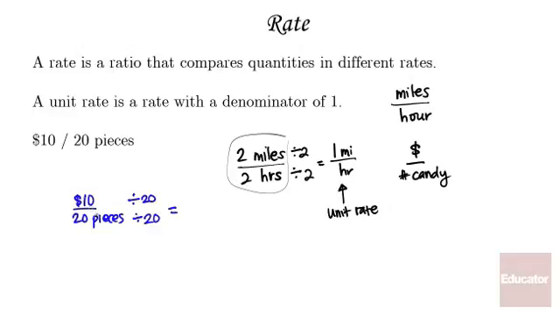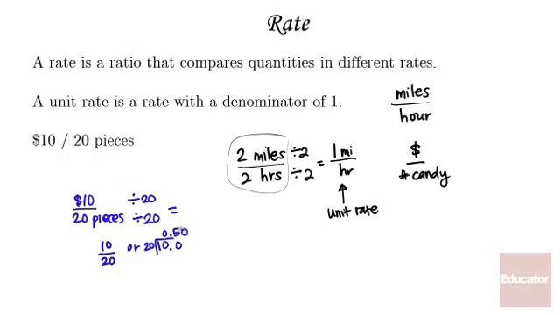Now, because this is money, I want to change it to a decimal. So I know that 10 divided by 20 is going to give me 0.5. 0.5 in money is the same thing as 50 cents, right? If I add a 0 here, that becomes 50 cents.